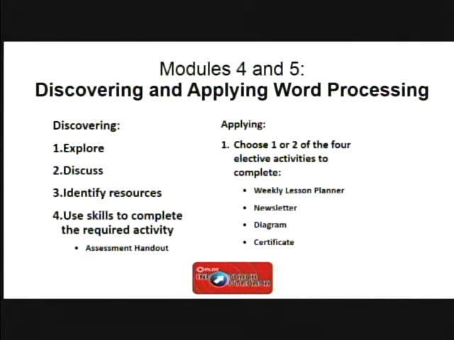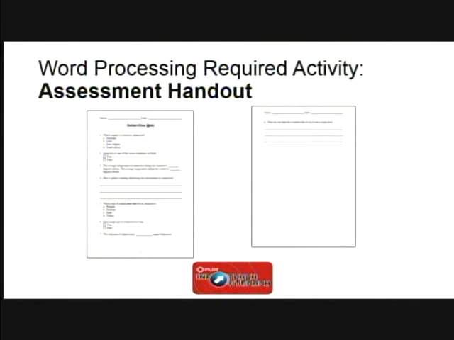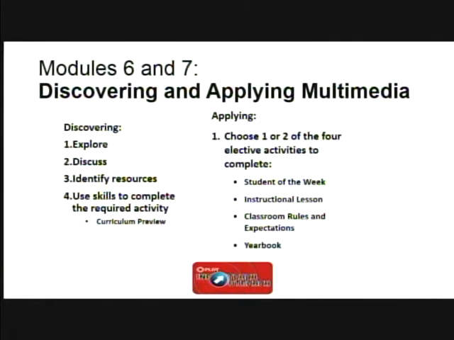We have weekly lesson planner, newsletter, diagram, and certificate. Okay, so you see the word processing required activity for this is an assessment handout. And for modules 6 and 7, discovering and applying multimedia. Okay, you have to explore, discuss, identify resources, skills to complete the required activity, which is the curriculum preview.